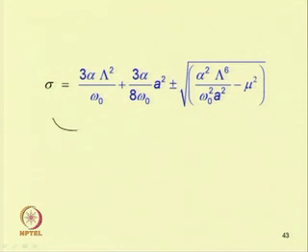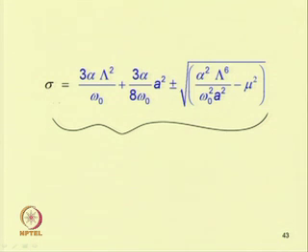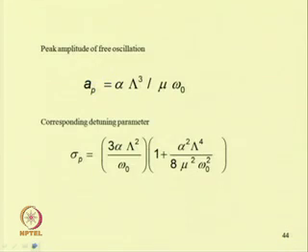This is the closed form solution of sigma, because in this equation sigma appears in a quadratic form, or sixth order form of A. So, one can either numerically solve this equation for A, or solve this quadratic equation and write sigma equal to this. By getting sigma in this form, one can find the response of the system, and last class we have seen the response of the system.